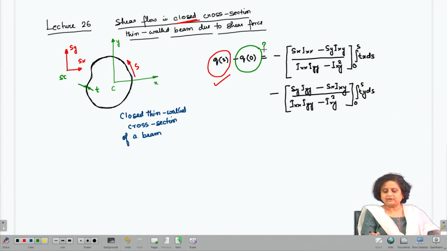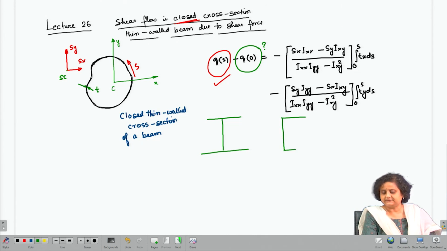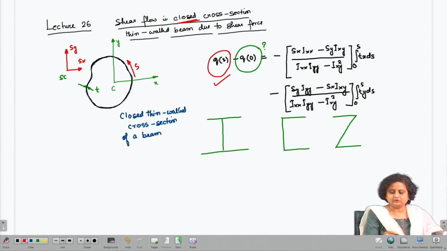In an open cross section beam like that of an I section or a C section or a Z section, there were certain points on the beam where there was 0 shear flow.